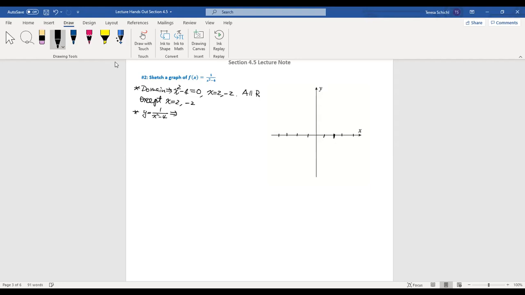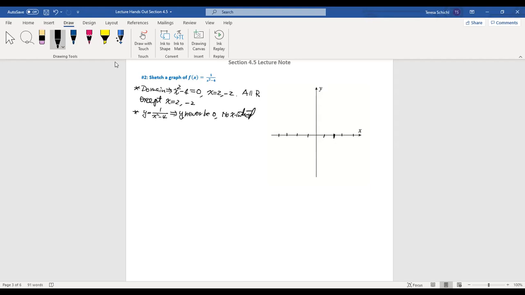So y can never be 0. That means no x-intercept, so your graph is not going to pass through the x-axis.